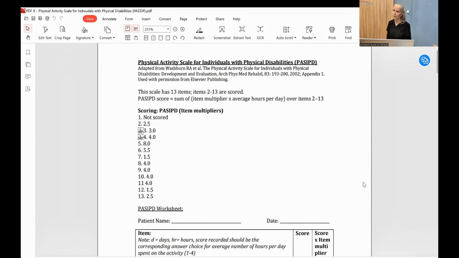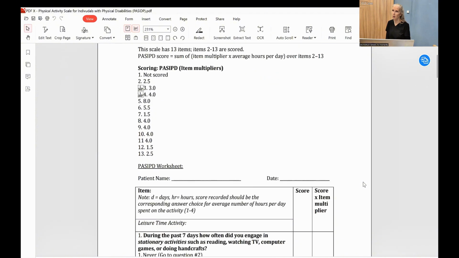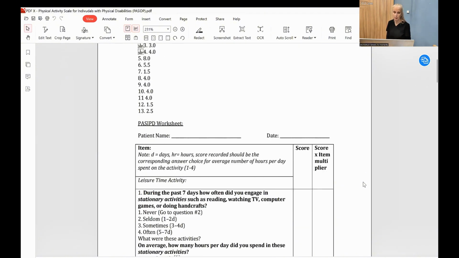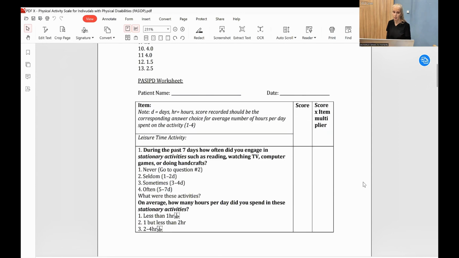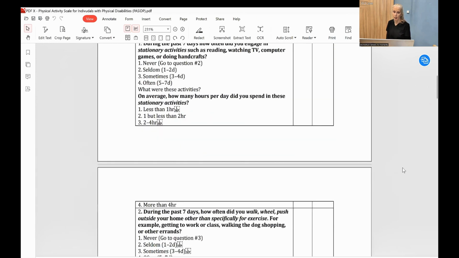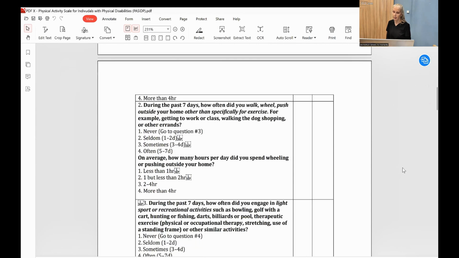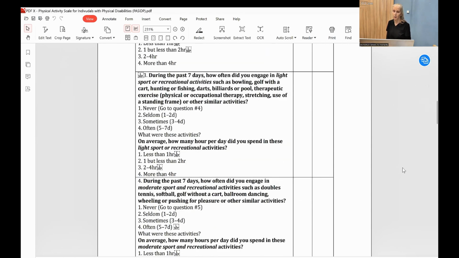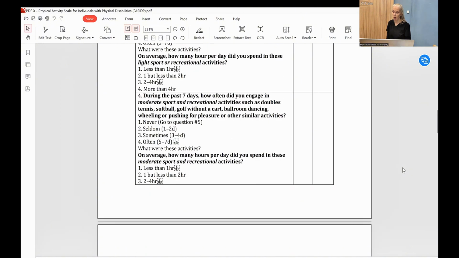But I wanted you to have them because you could also just use these for patients that you're treating with shoulder impairment. And again, it's a way to quantify, when you do your interventions, if there's a change.